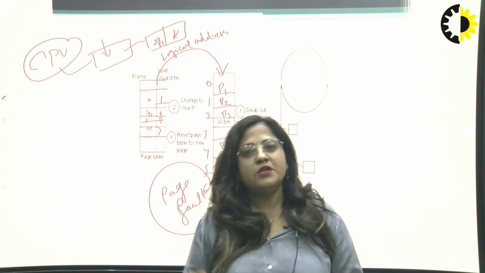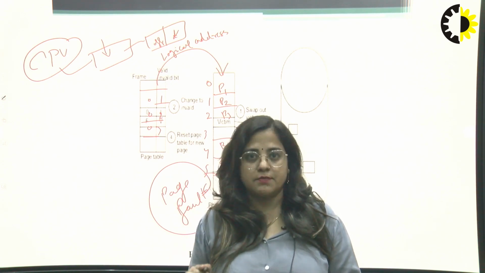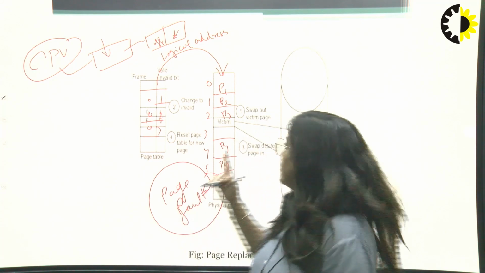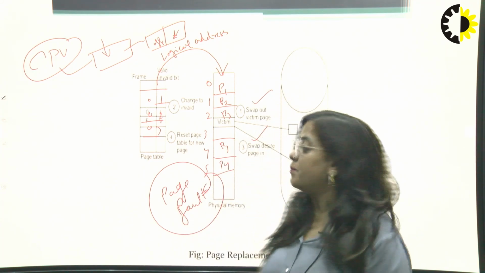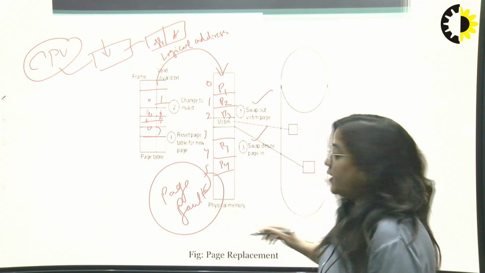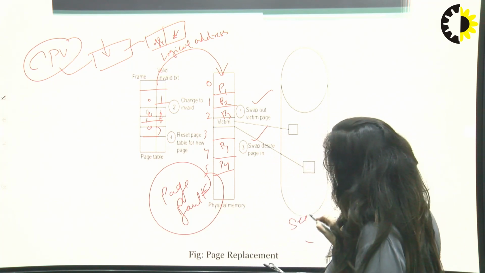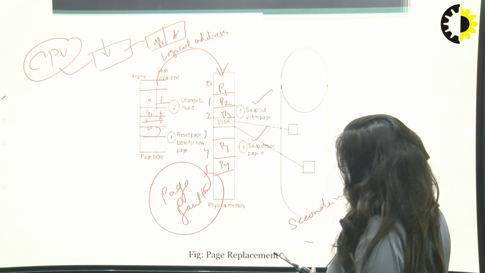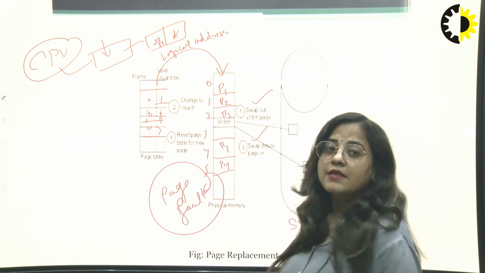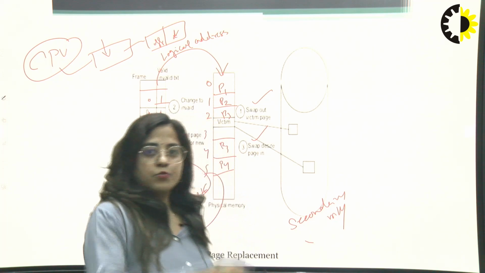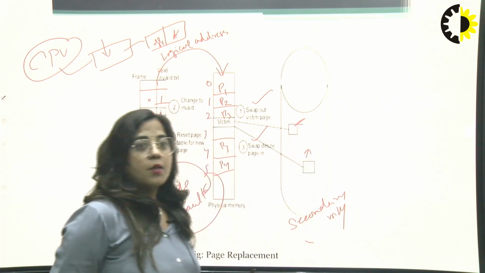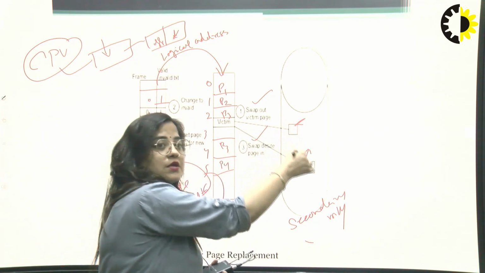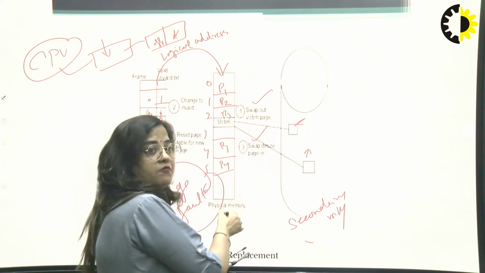Now, to remove this page fault, we use page replacement. It means we use the swap out and swap in techniques between physical memory and secondary memory. Secondary memory stores all the pages of the processes, because all these processes cannot be stored in physical memory.